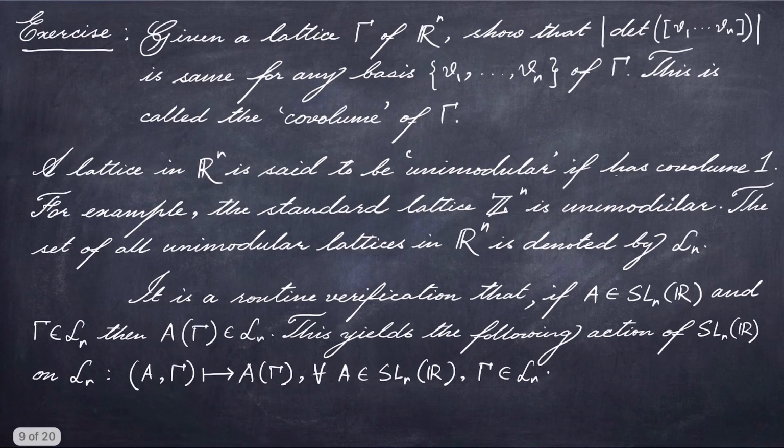In this action of SLnR, we see that the subset of all unimodular lattices is invariant. Thus we obtain the action of SLnR on the space of unimodular lattices. This action we will encounter quite often in homogeneous dynamics.